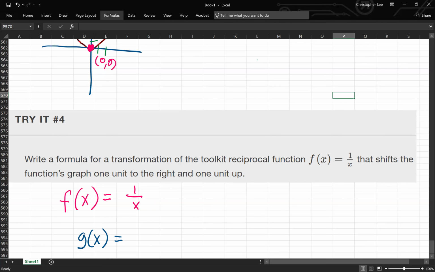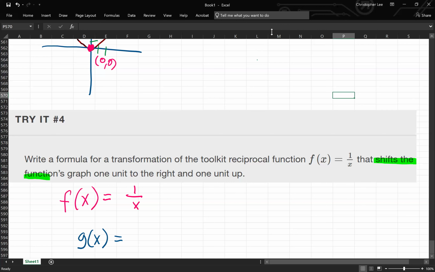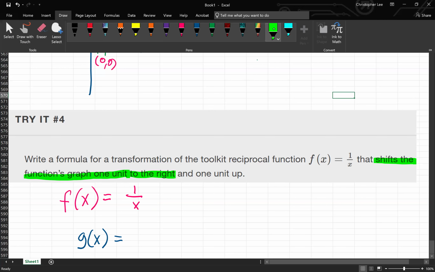Now let's recap, right? I want to shift the function graph 1 unit to the right and then 1 unit up.